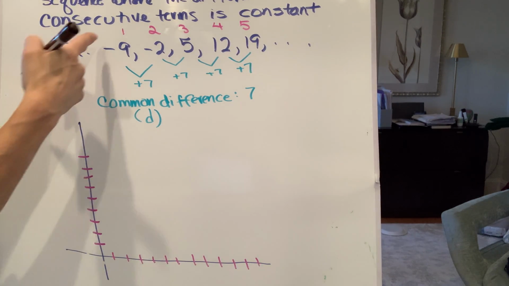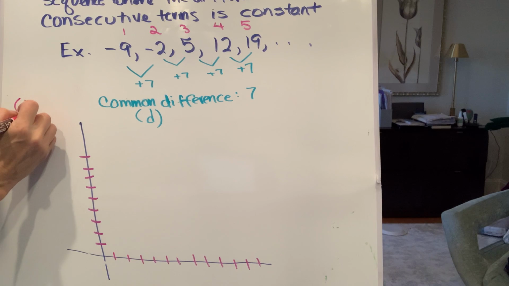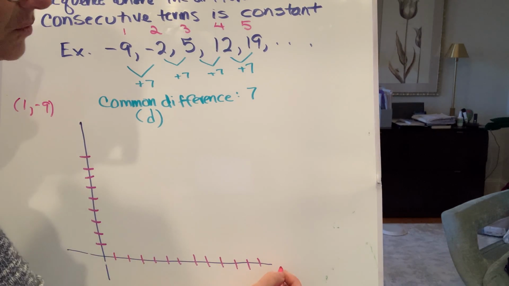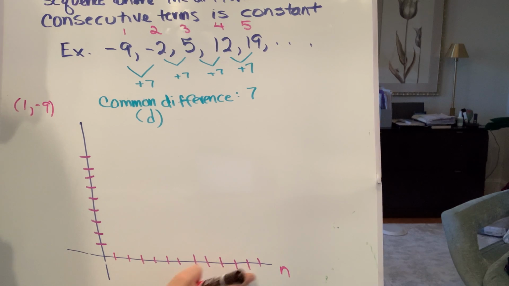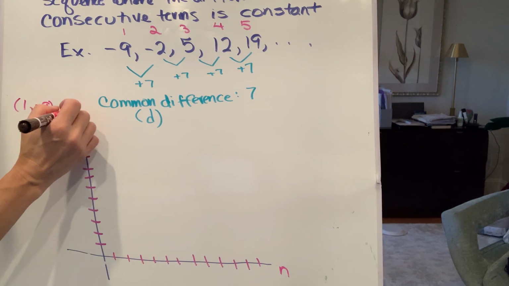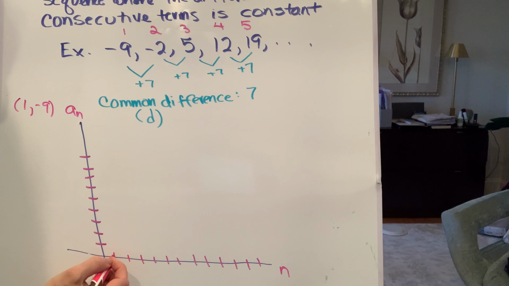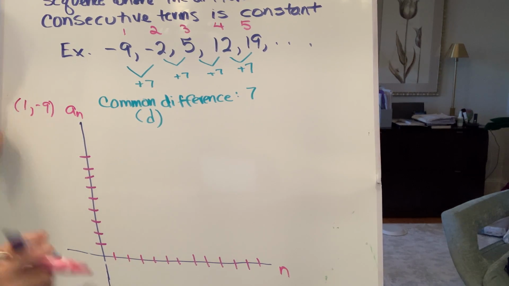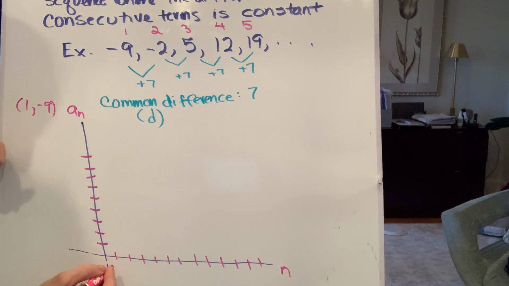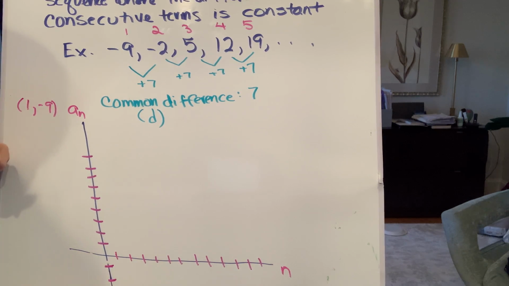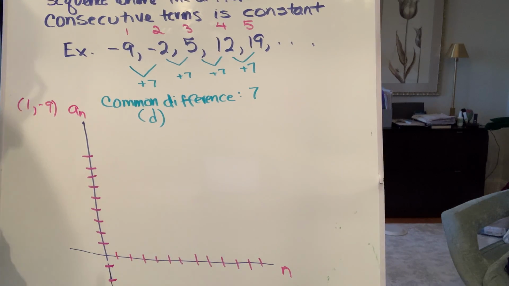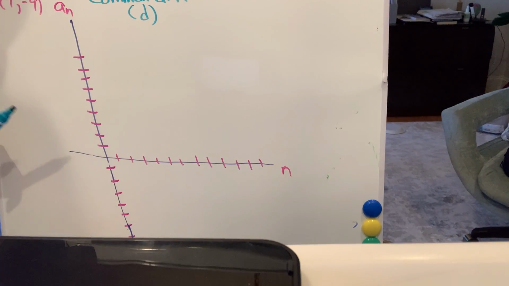When I graph them, I'm going to be graphing the points 1, -9. So down here along this axis, I do its place, and along this axis, I do its value. So 1, -9, I'm going to need to go a lot lower. I'm going to move that down, so hopefully you can see my -9.